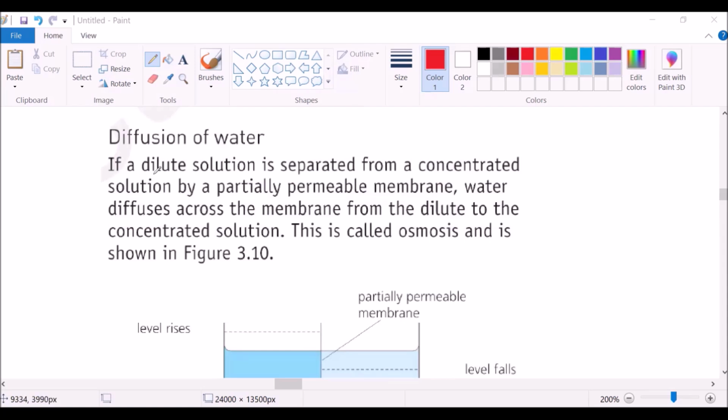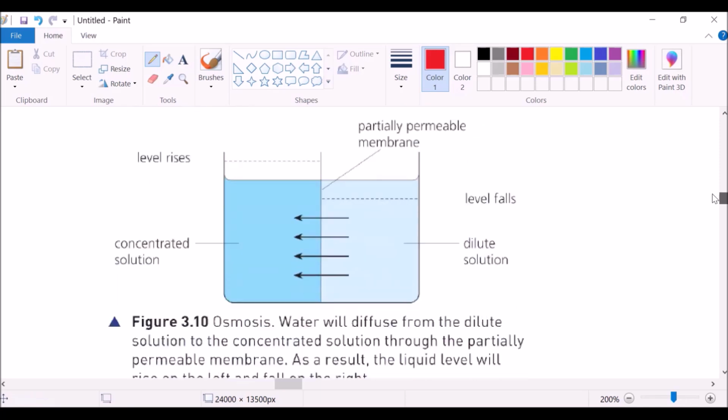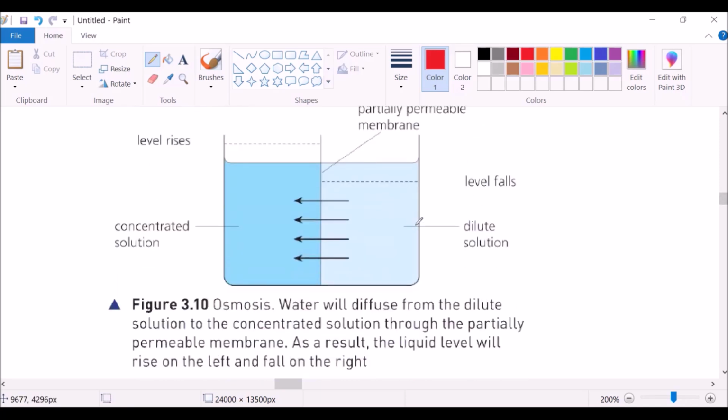If a dilute solution is separated from a concentrated solution by a partially permeable membrane, water will diffuse across the membrane from the dilute to the concentrated solution. This is called osmosis. So we can see in this table, this is a dilute solution and this is a concentrated solution.